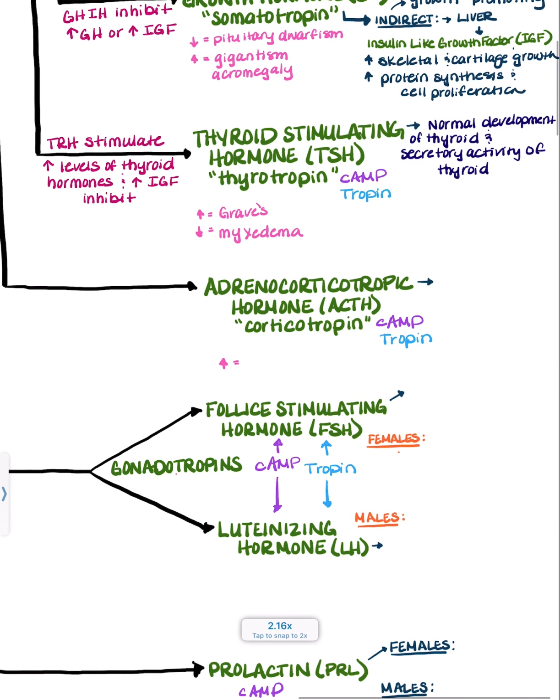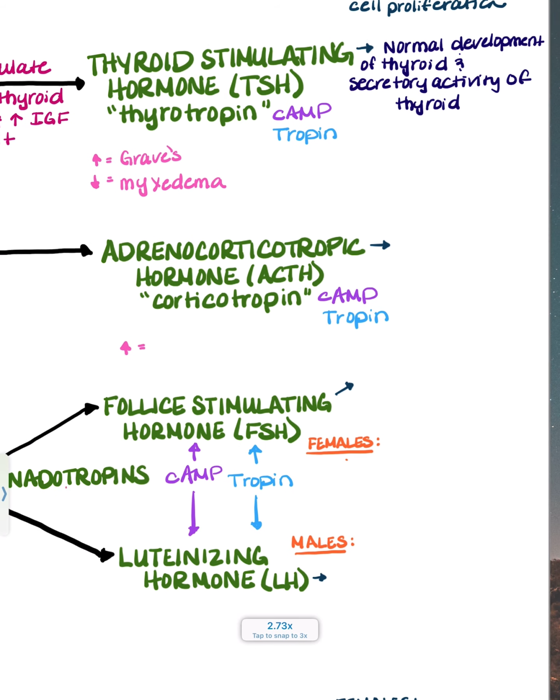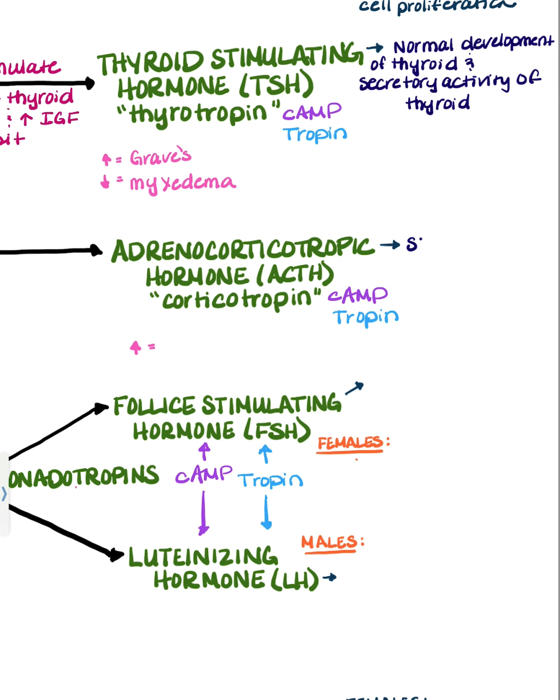So the third one released by the anterior pituitary gland is the adrenocorticotropic hormone. What is its function? It's going to stimulate the adrenal cortex, so that's in its name, adrenocortical, to release corticosteroids.